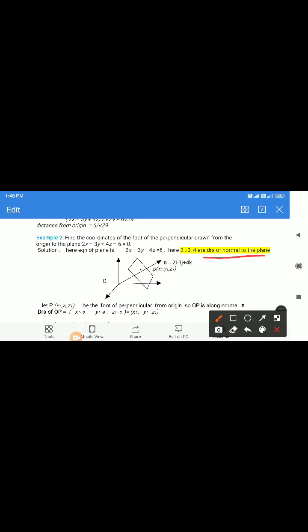So the normal n is 2i minus 3j plus 4k. Suppose P has coordinates x1, y1, z1. If P is the foot of the perpendicular, then OP will be perpendicular to the plane, and n is also perpendicular to the plane.